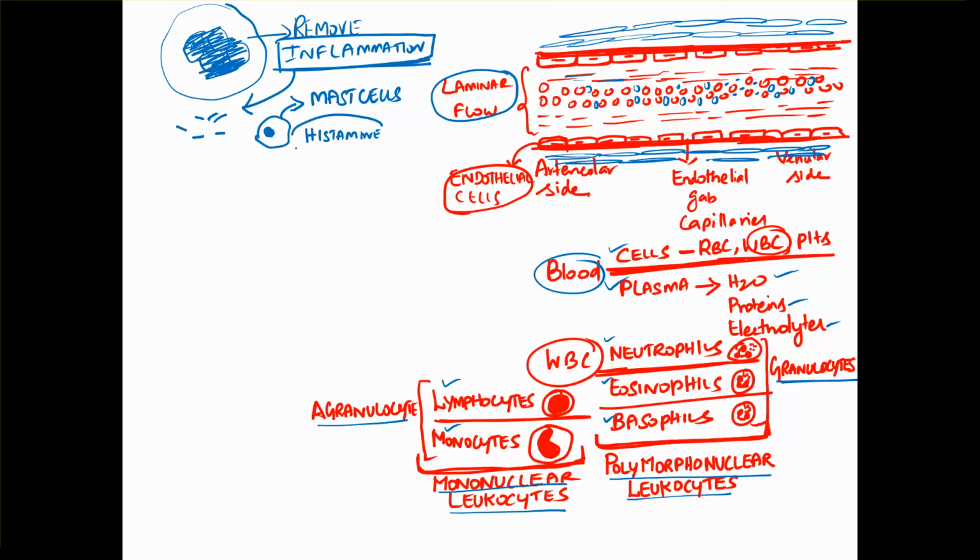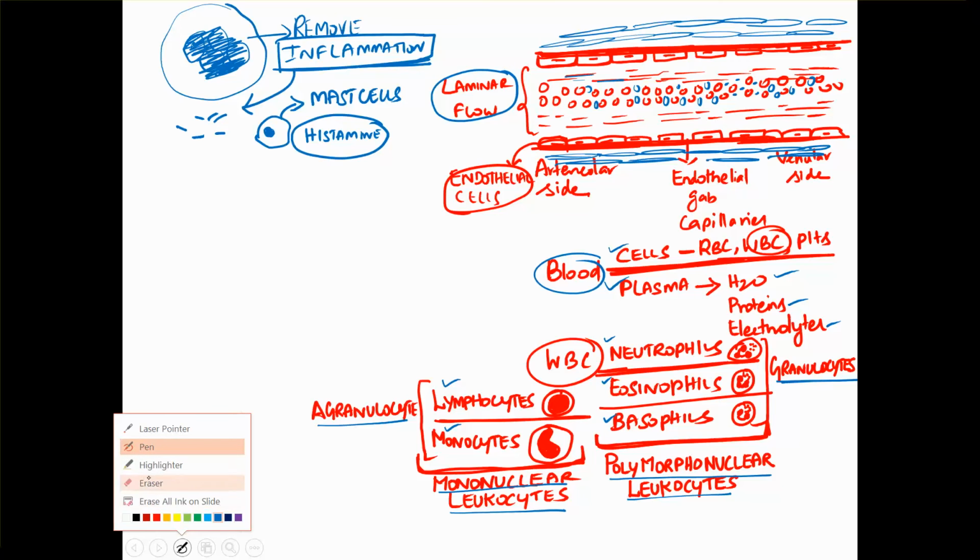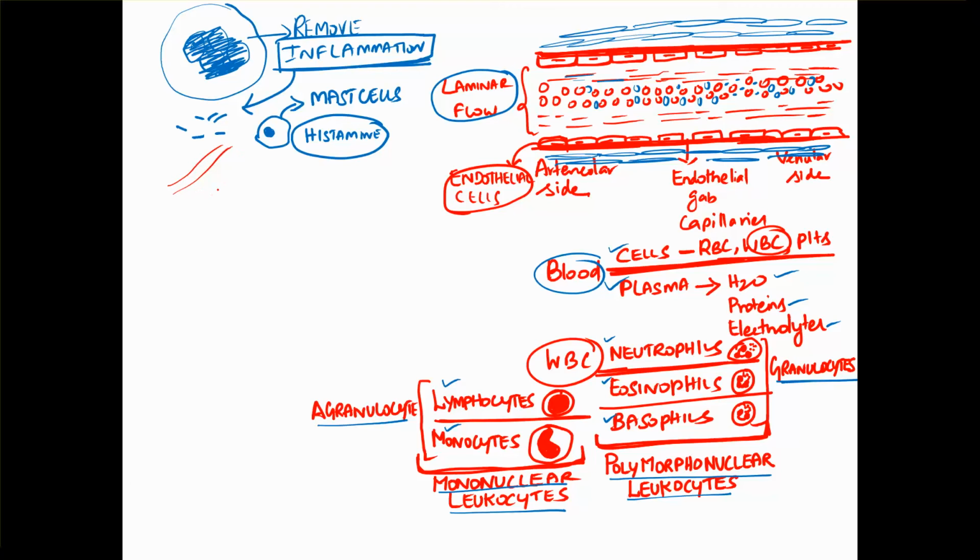This histamine immediately goes and acts on the blood vessels which are near the injured area or near the infection. Histamine acts on the smooth muscle cells.